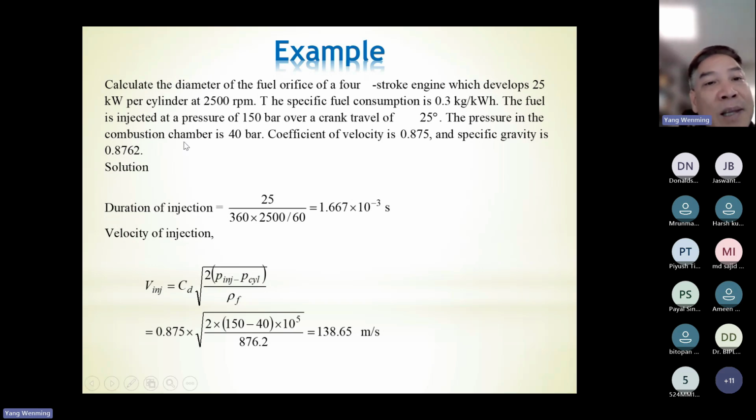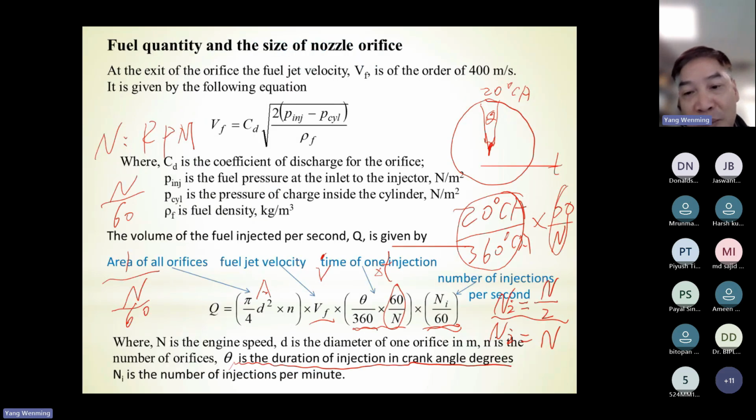The fuel is injected at a pressure of 150 bar over a crank angle travel of 25 degrees CA. The pressure in the combustion chamber is 40 bar, and the flow coefficient is 0.875. Specific gravity is 0.8762.